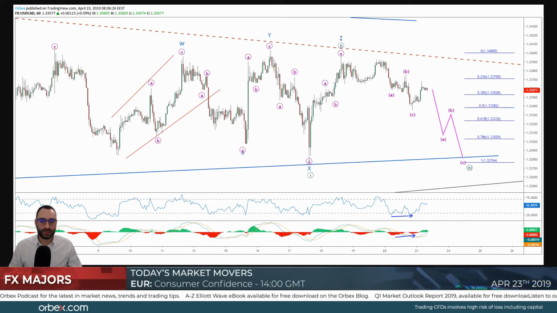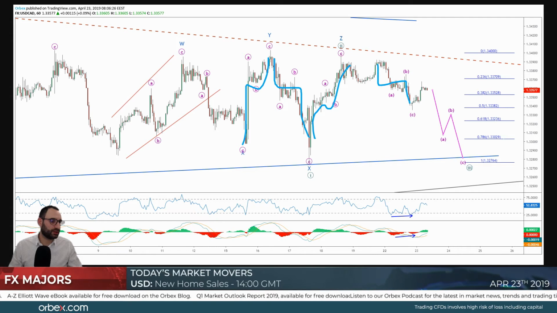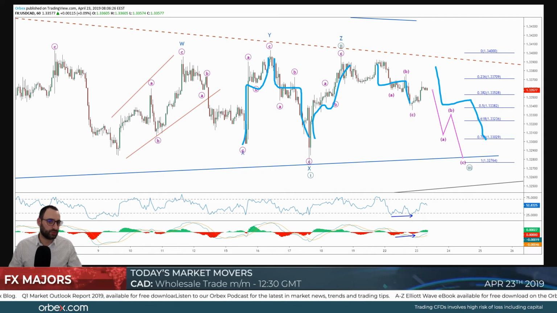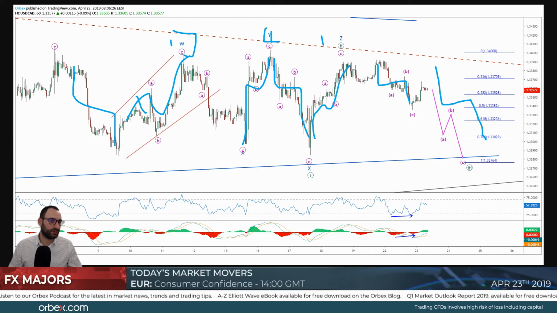On the 1 hour chart, we can clearly see all these corrective moves. That is expected to be an ABC as well, as all those moves in the past. What we want to see here is this ending like a triple combo.